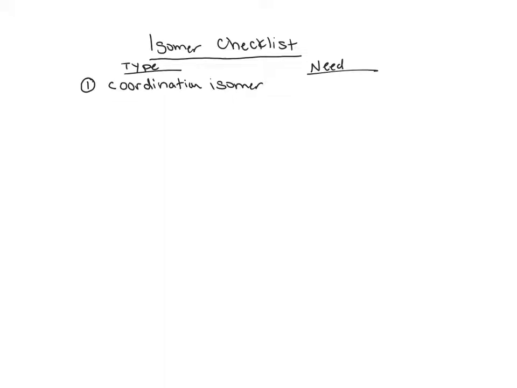So we need an anion ligand, for example, chloro, bromo, sulfato, and a counter anion.